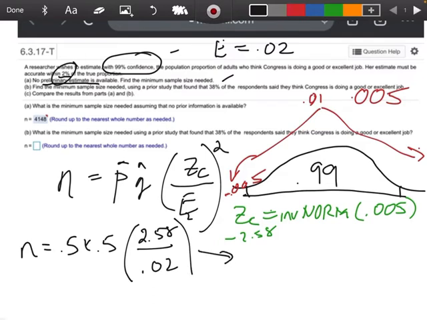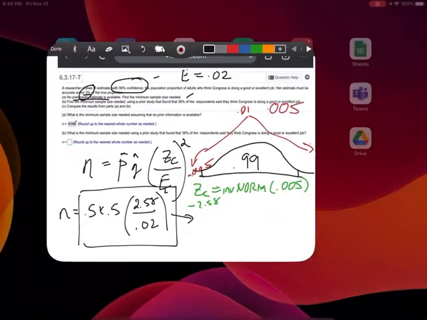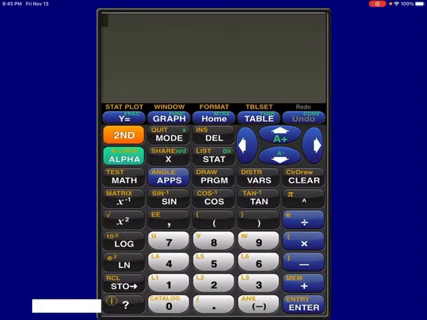Let me take my calculator again, and I'm going to type this in exactly as I see it. Let me clear: 0.5 times 0.5 times parentheses 2.58, why is my 5 not working? 58, there we go.